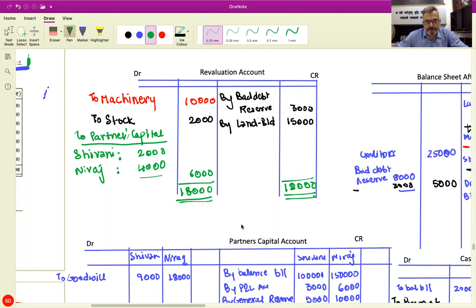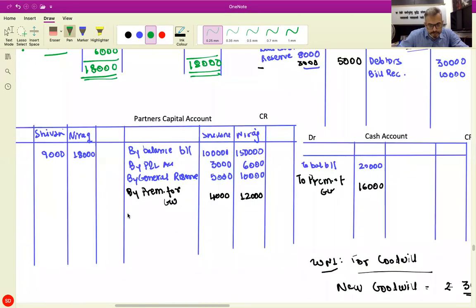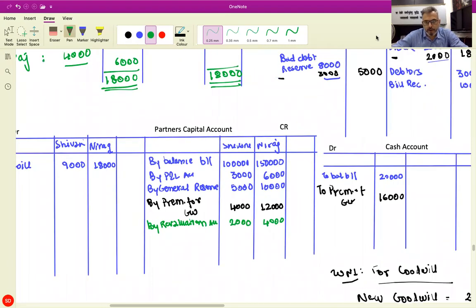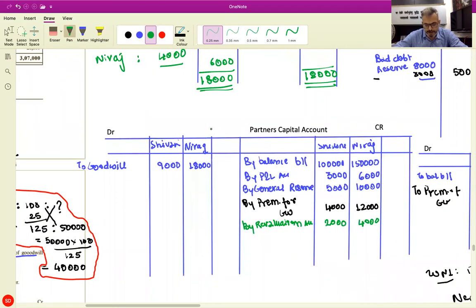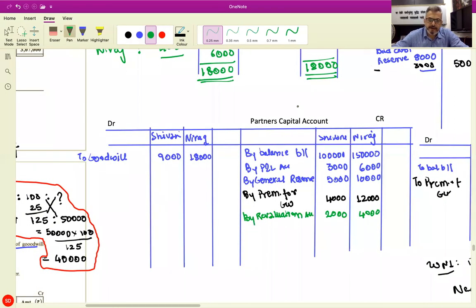Transfer it to partners' capital account by revaluation account 2,000 and 4,000. Now, what we need to do is balance Shivani and Neeraj.